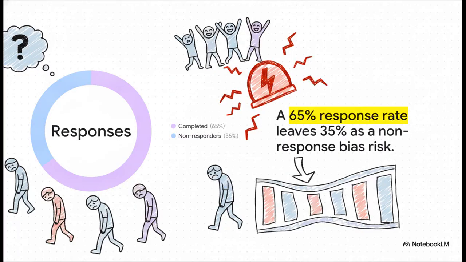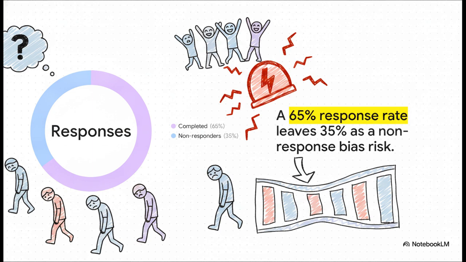So the really crucial point here is what happens when you finally push send and distribute the survey. Let's say you invite 400 students to participate and 260 actually completed. That gives you a 65% response rate. That sounds pretty good, right? But look at the remaining 35%, the 140 non-responders. A low response rate isn't just annoying because it lowers your sample size, it introduces a terrifying threat called non-response bias.